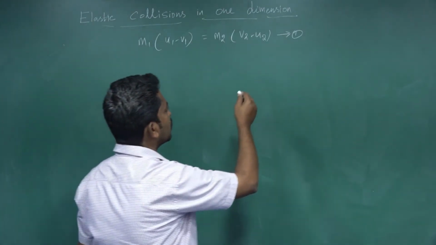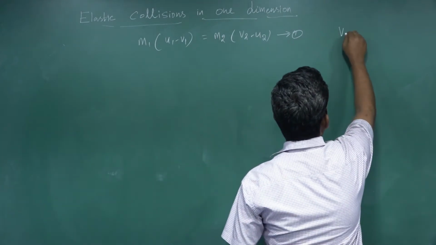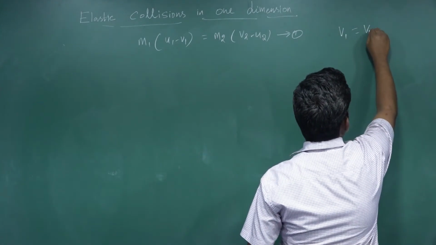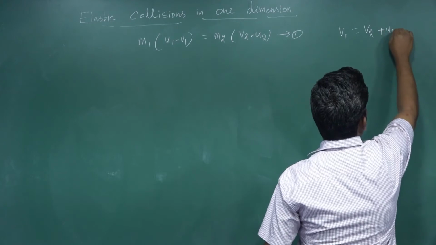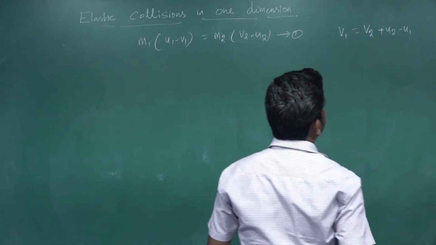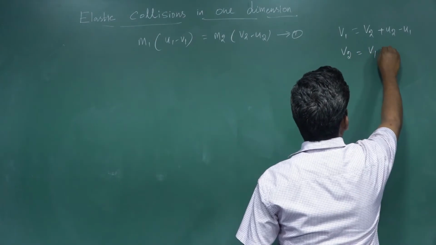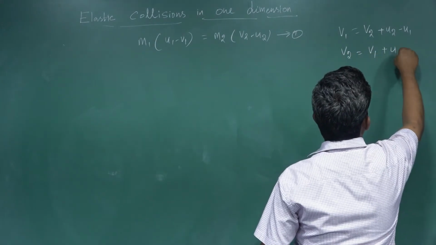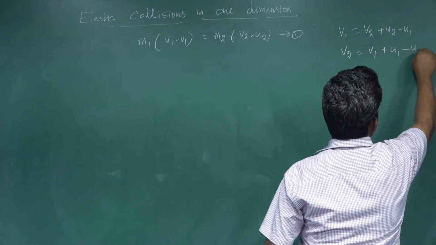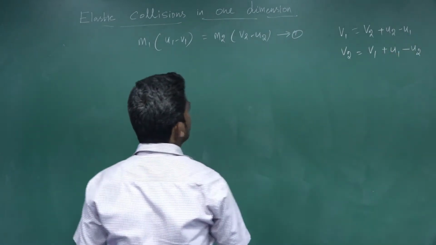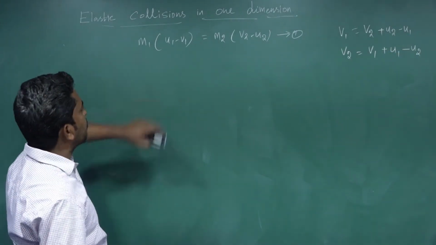You know well v1 is equal to v2 plus u2 minus u1, and v2 is equal to v1 plus u1 minus u2. Substitute the values in equation number 1.